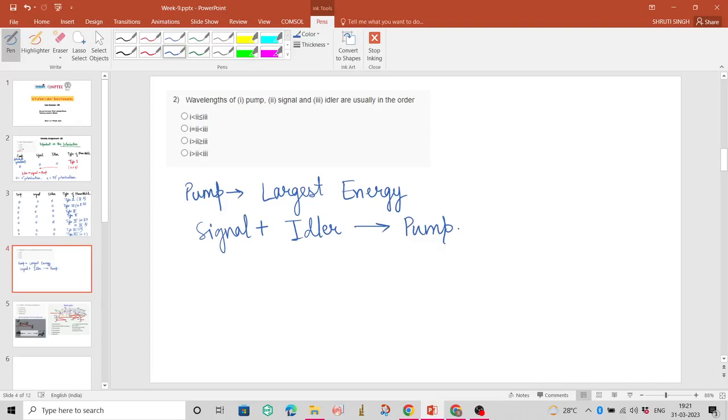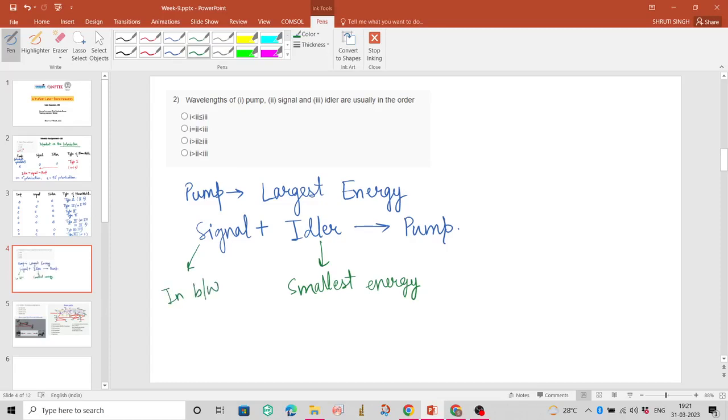Okay, so conventionally it is taken that the idler has the smallest energy, and the signal is in between the pump and the idler, right?